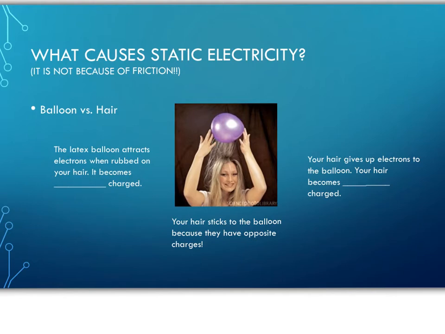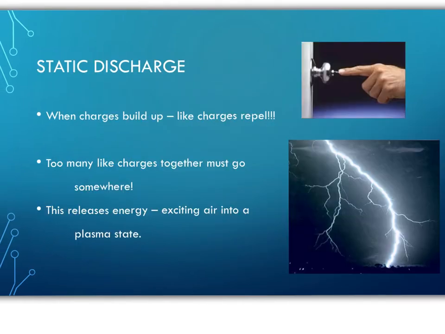Electrons stick to it very easily. So because it gains electrons, it becomes negatively charged. Your hair, since it gives up electrons, becomes positively charged. That's what makes your hair stick to the balloon. It's because they have opposite charges. And as we know, opposite charges attract.